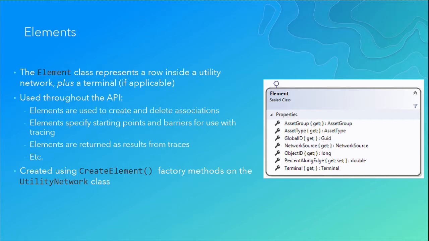If you were doing an upstream trace from a service point, using an electrical example, you'll get back the low side of the transformer, the high side of the transformer, and the edge that's between them, in addition to all the other features on your way upstream. Important thing is these are created using the create element method on the utility network class.